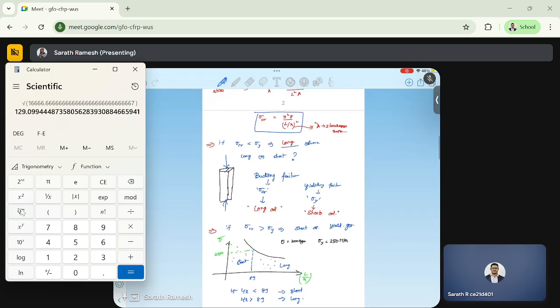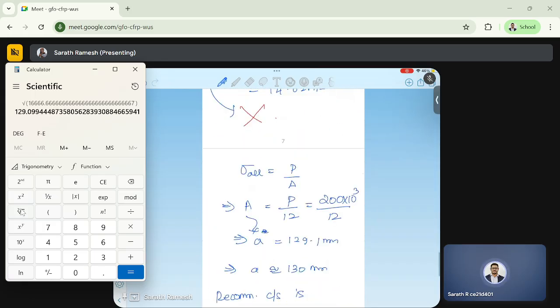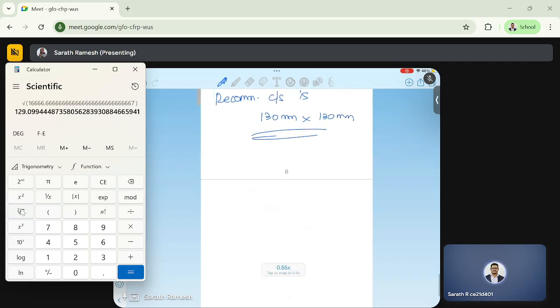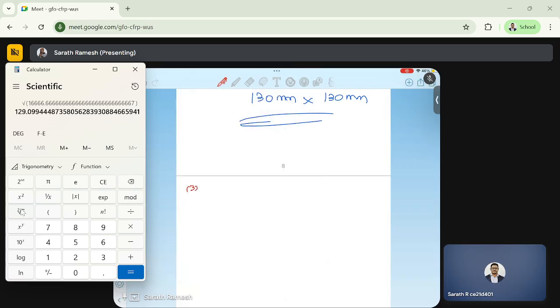Same, but not with simply supported boundary conditions. What happens if I have other boundary conditions? Topic 3, other boundary conditions. Okay.